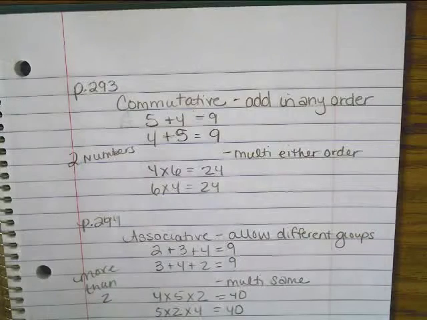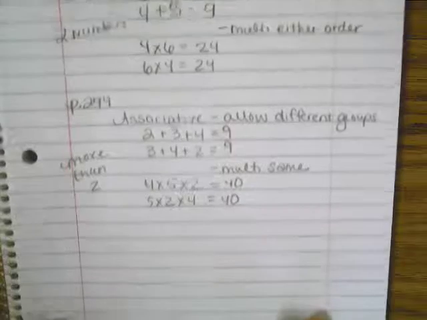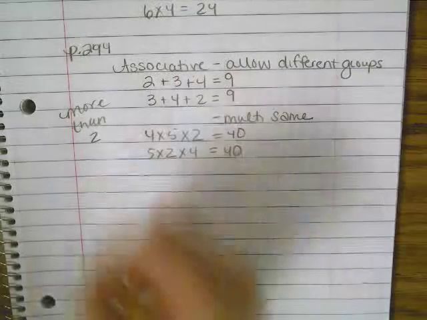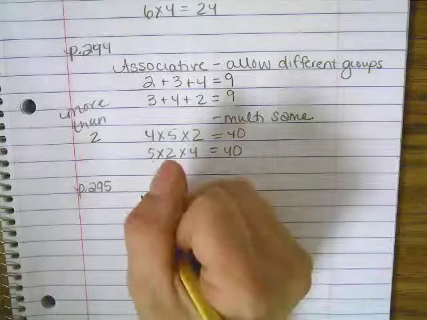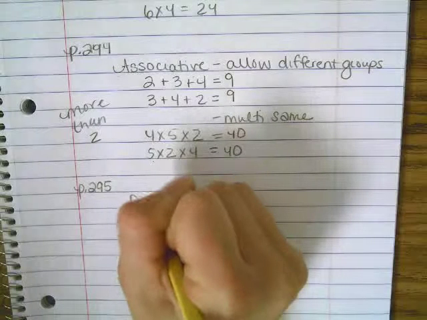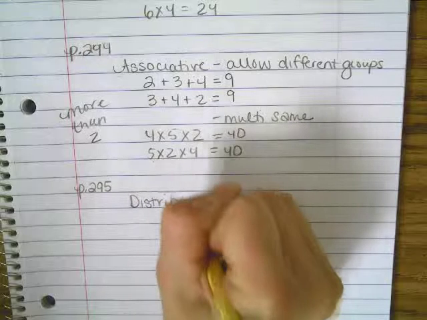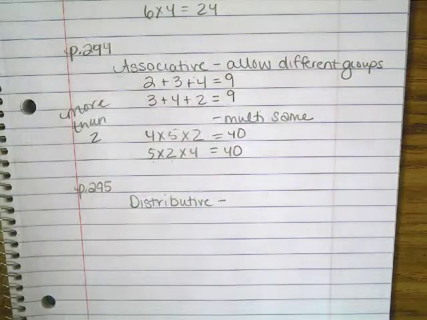So the next page, page 295, we look at distributive. Haley, read to us what a distributive property is. The distributive property applies to problems that involve multiplication and addition or multiplication and subtraction.